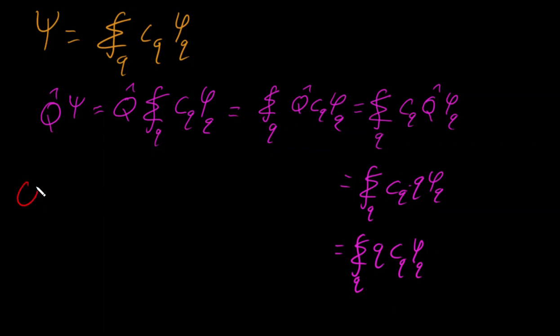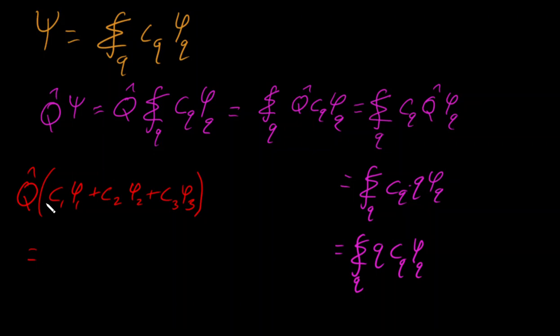So if I have q hat acting on c1 phi 1 plus c2 phi 2 plus c3 phi 3, right?